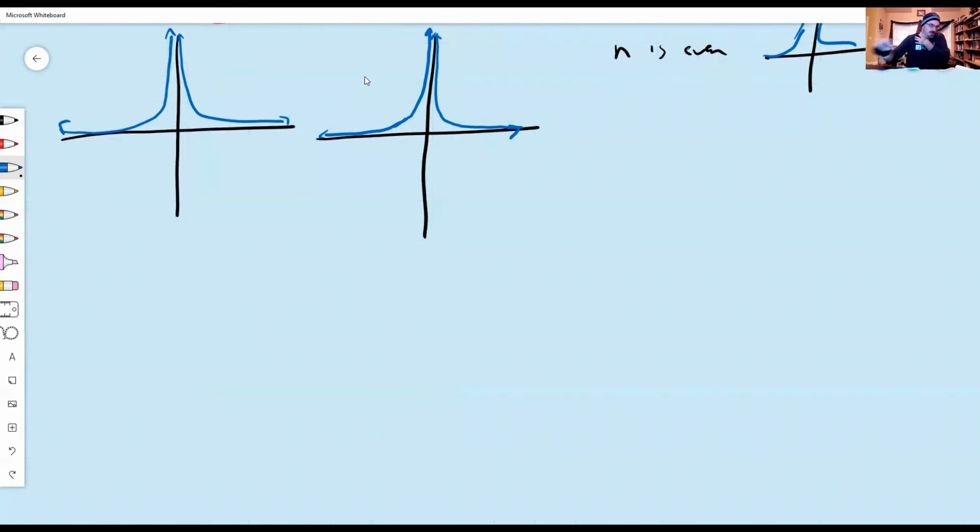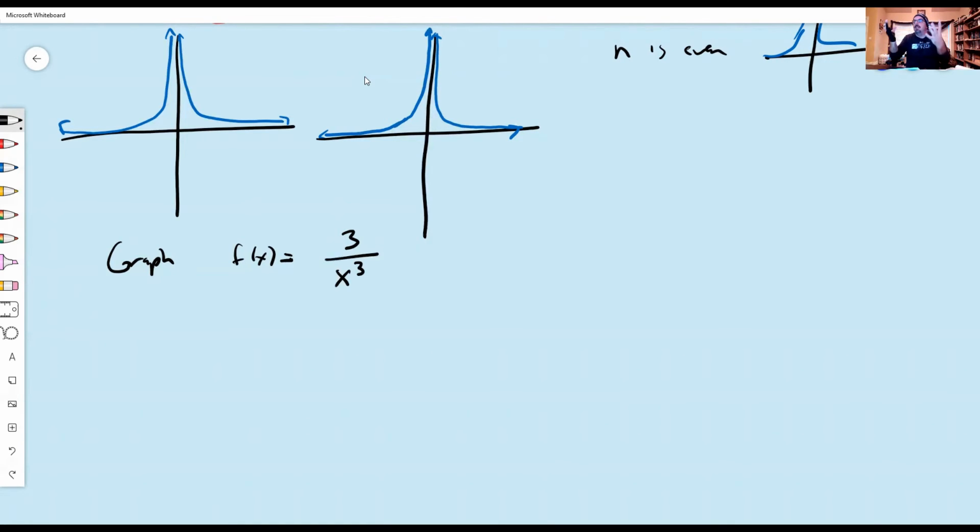Okay, so let's give an example. Graph f of x equals 3 over x cubed.